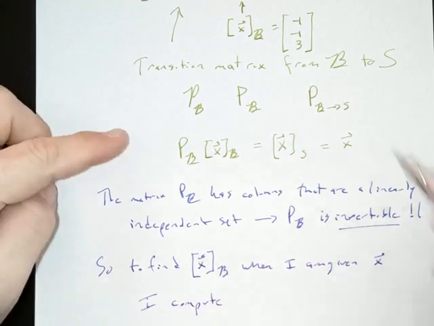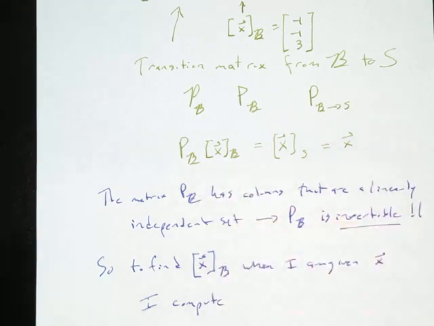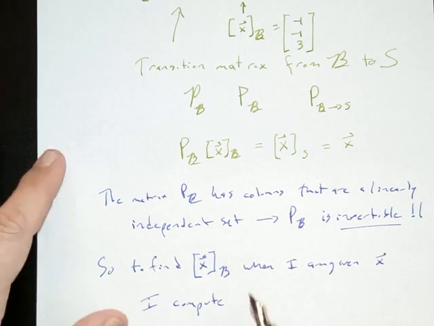How do I get X_B all alone up here? I've got to get rid of the P, right? Which means I move it to the other side. I multiply by the inverse.